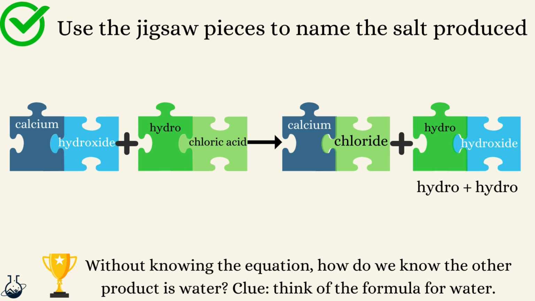In this jigsaw, we have hydro and hydroxide, hydro and hydro, and oxide. Hydro and hydro is H2 and oxide O, H2O, water. So the final equation is calcium hydroxide plus hydrochloric acid makes calcium chloride and water, H2O.